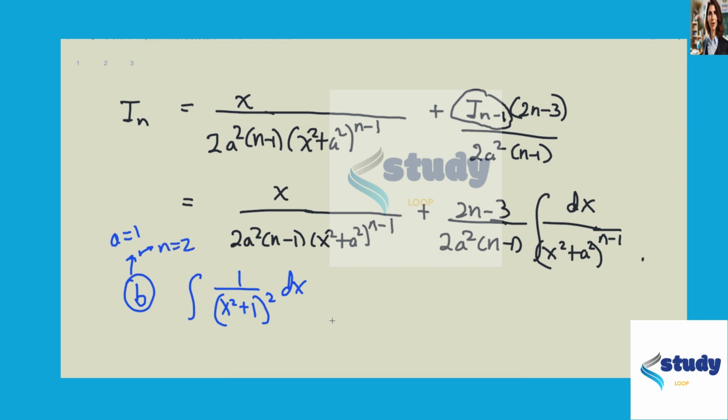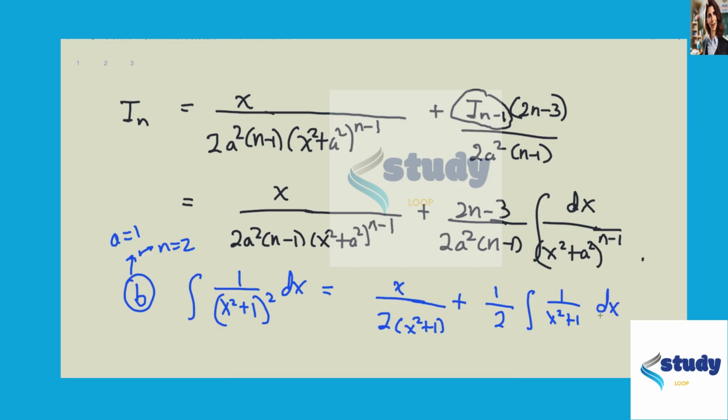So let's go ahead and use this in our formula. So we get x over 2 times x squared plus 1. And then going to the second term here, we plug in n equals 2 again. So we get 1/2, and then the integral of 1 over x squared plus 1.